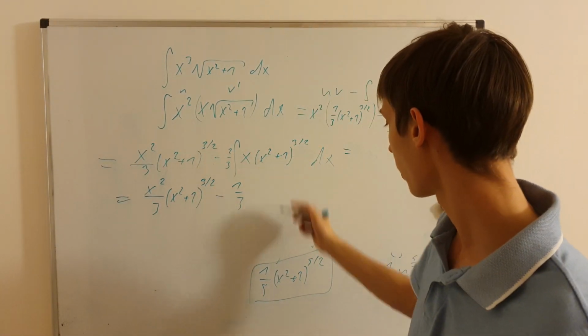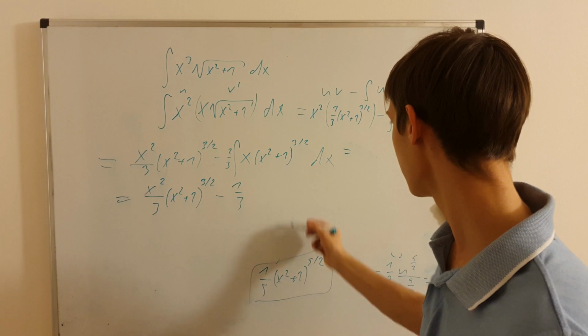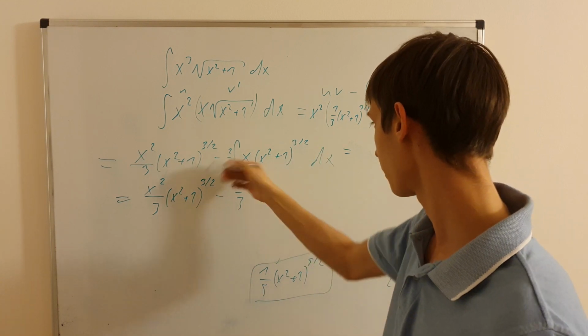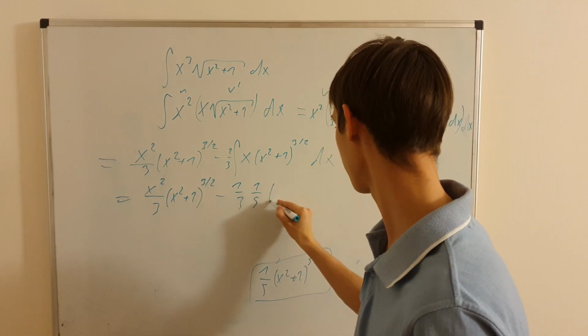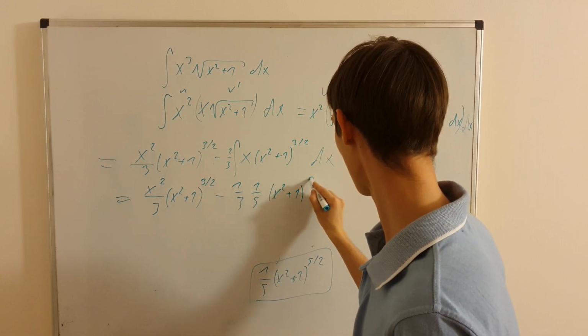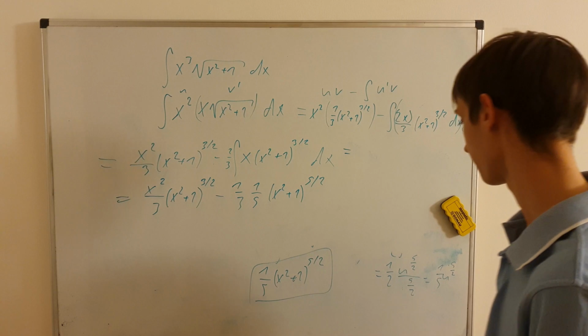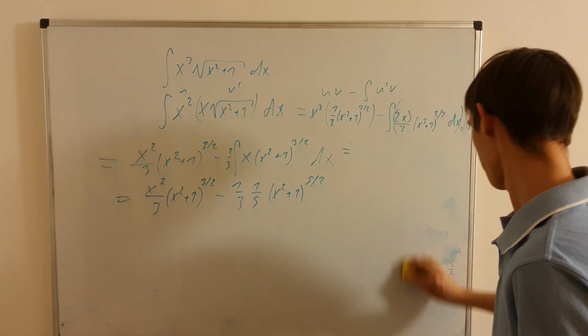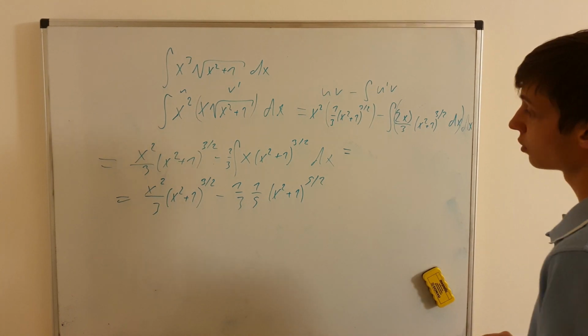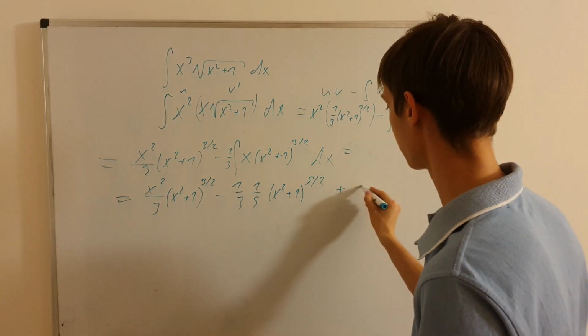And this thing, as an integral, we took this 1/3, which was in the front in the first place, so it's times 1/5 x squared plus 1 to the 5/2 power. And then to all that I might add plus c.